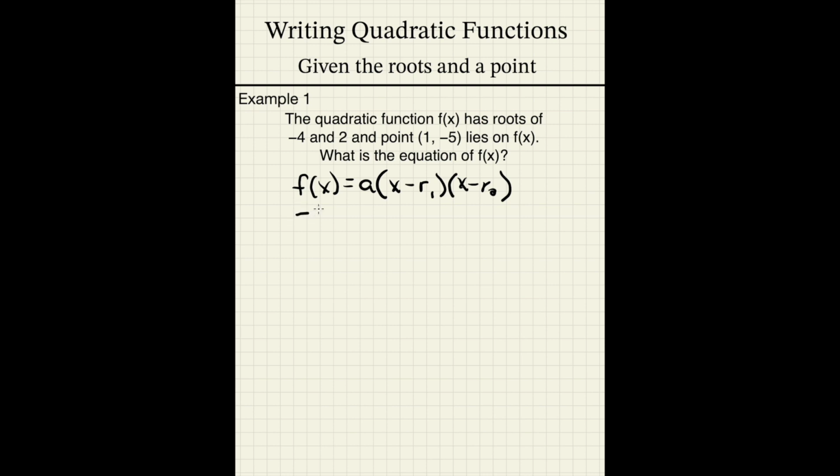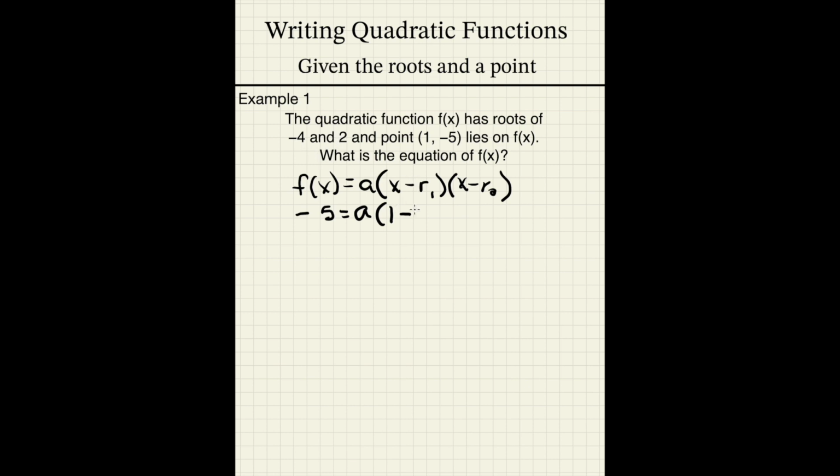So for f of x, we can put -5 equals. Do we have a? No, we don't have a, so that just remains a variable. Now, what did we say we're going to be putting in for x? That's right, we are going to be putting in 1. So 1 minus root 1. So here are our two roots, -4 and 2.